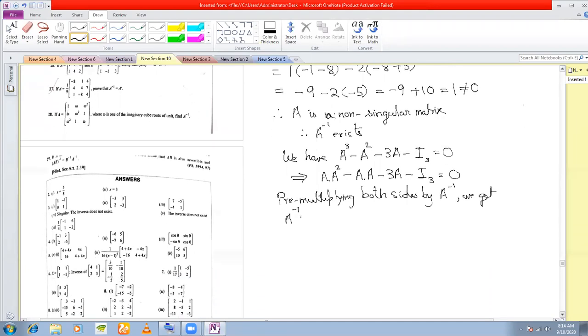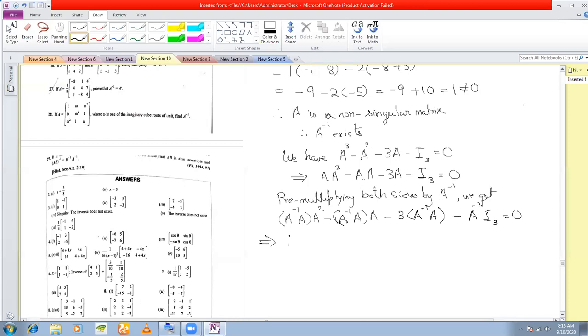A inverse A into A square minus A inverse A into A minus thrice A inverse A minus A inverse I3 is equal to 0.